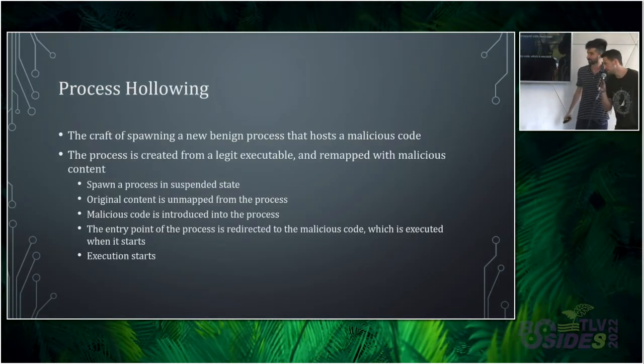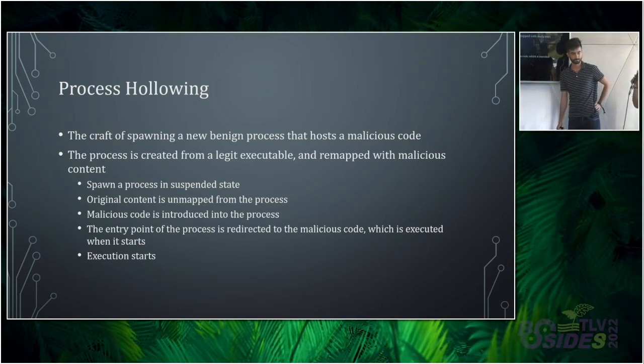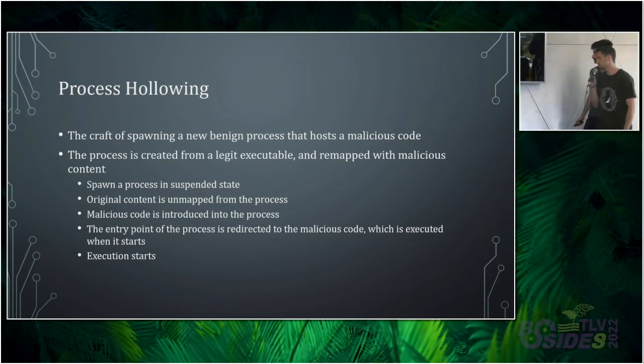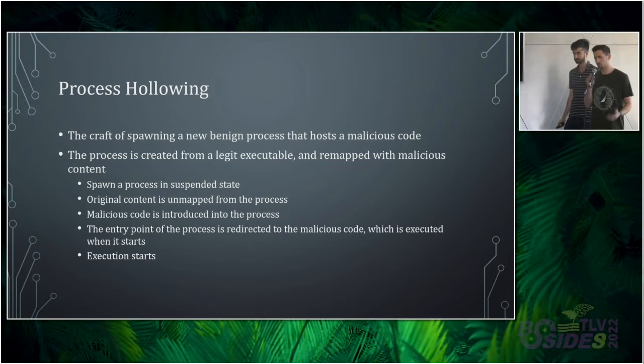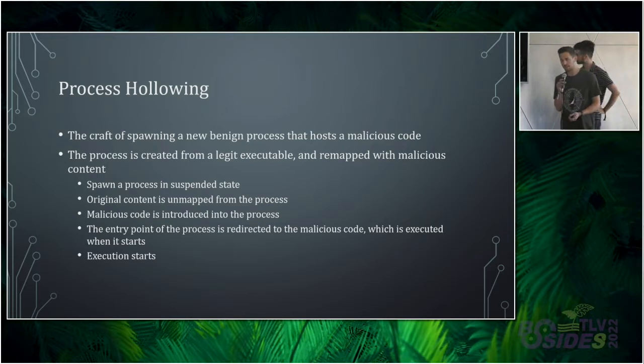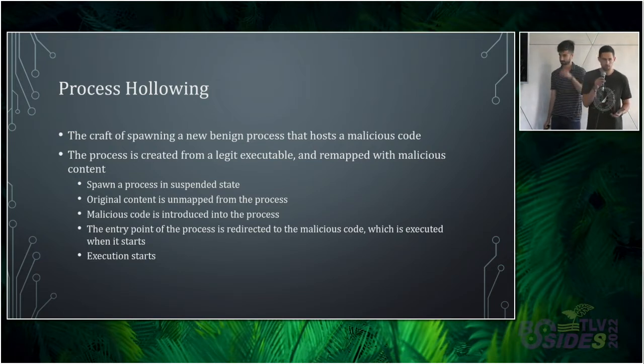Another alternative is using something called process hollowing. Unlike process injection, where you take an arbitrary process and introduce new code to it, in process hollowing you create your own process with a legitimate binary, and you somehow replace the code with a malicious one. How it basically works is you create a process in a suspended state, and before it actually starts running, you unmap all the legitimate memory of the process and replace it with your own.